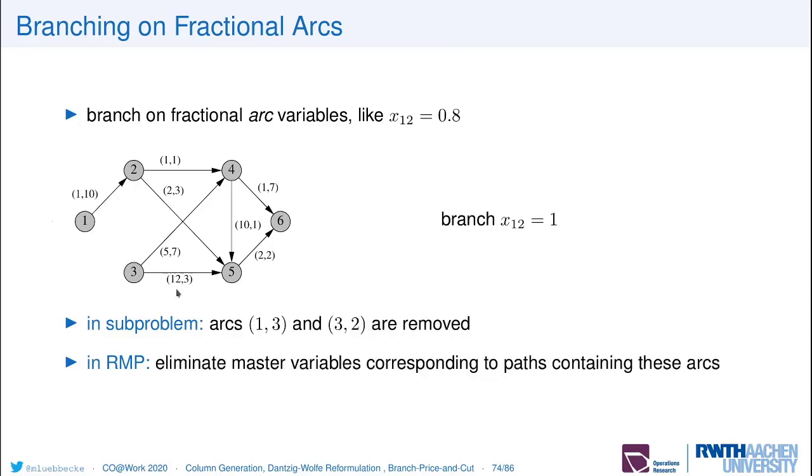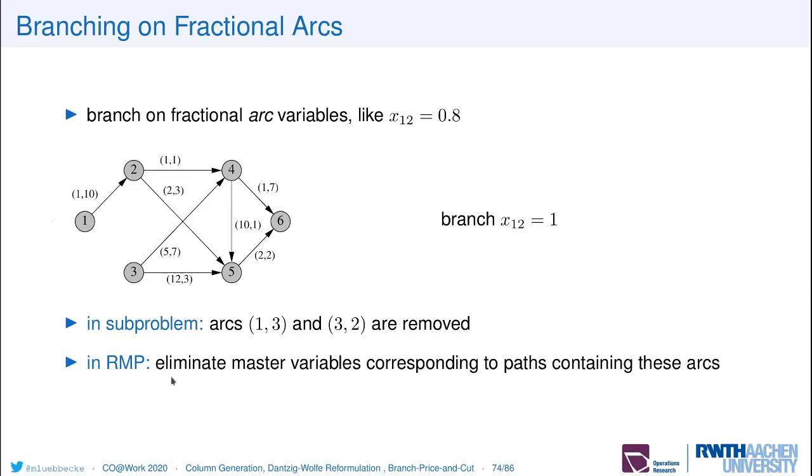And the other branch, on the other hand, is when we enforce that arc. We can also do this in the pricing problem by eliminating all the arcs leaving vertex 1 and entering vertex 2. So this is what's happening here. So that enforces in a certain way usage of the arc 1,2. This is what we want. So this is how to reflect this in the pricing problem.